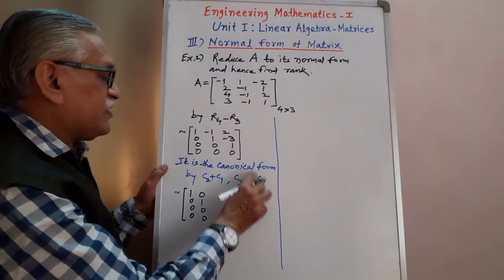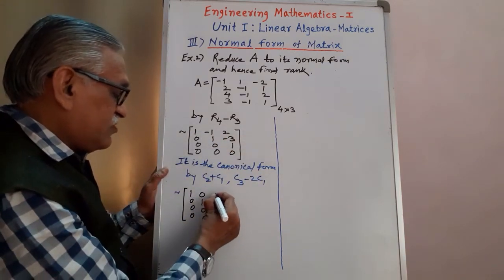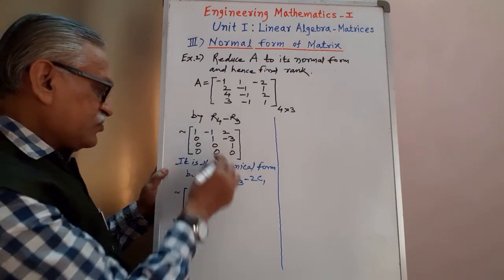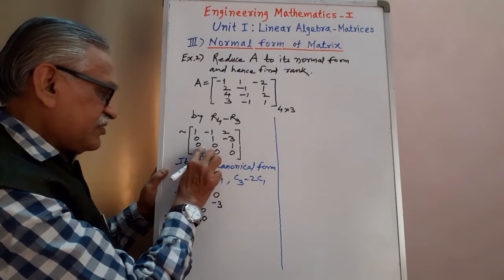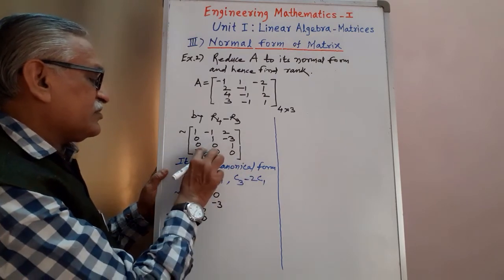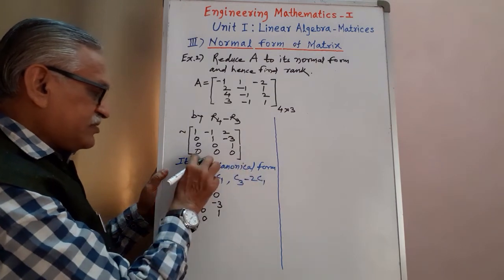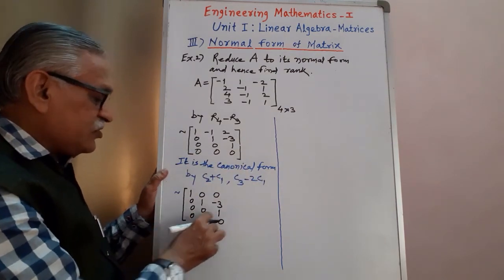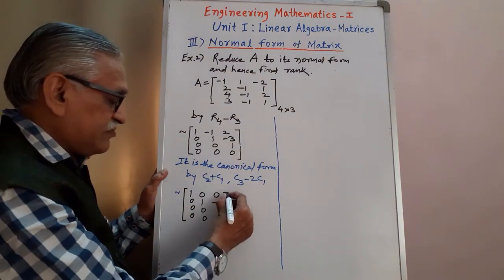C3 minus 2 times C1: 2 minus 2 times 1, 2 minus 2 we get 0, minus 3 plus 2 times 0, minus 3, 1 minus 2 times 0, and 0 minus 2 times 0, 0. As these are 0, this element remains as it is.